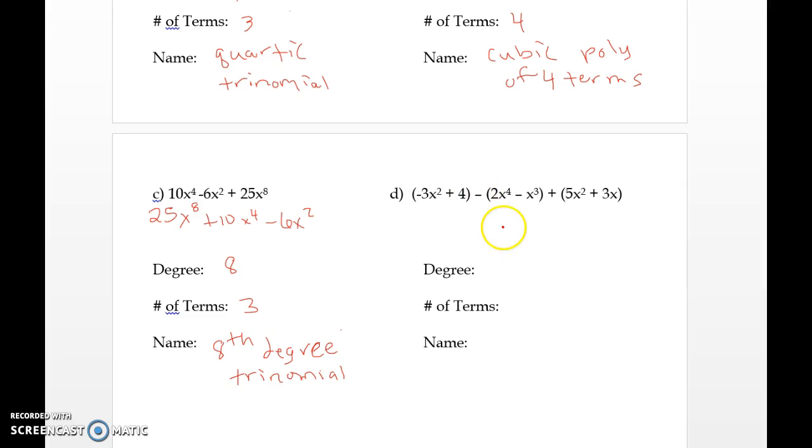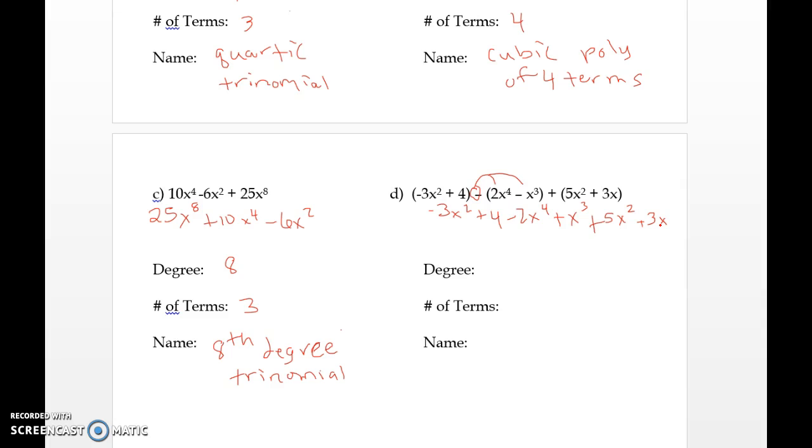Over here, D, we're adding and subtracting. Anytime you subtract, we got to distribute that negative. So we have negative 3x squared plus 4 minus 2x to the 4th plus x cubed plus 5x squared plus 3x. Now that I've simplified, it's not in standard form.